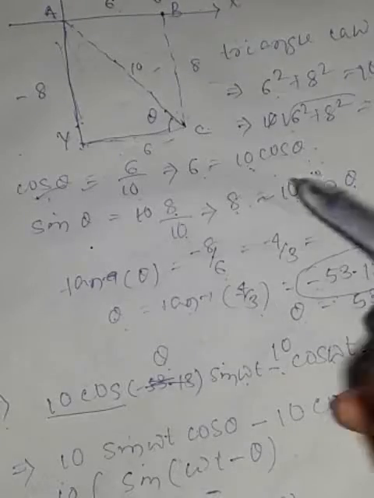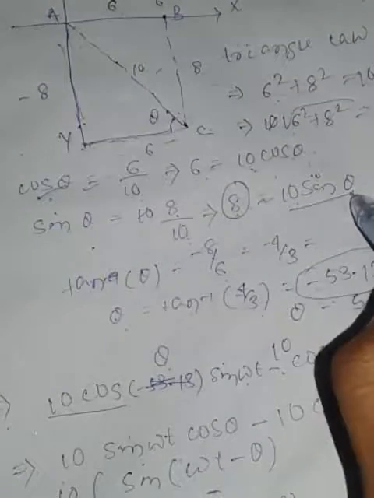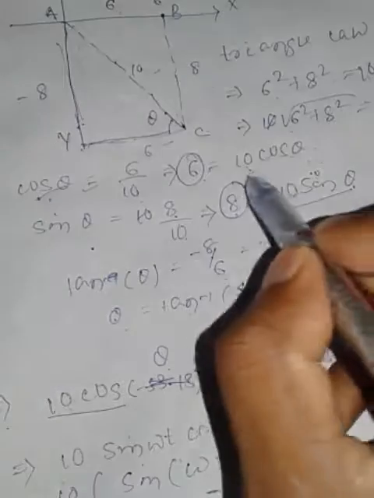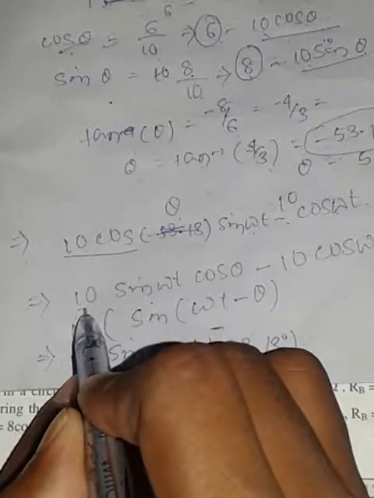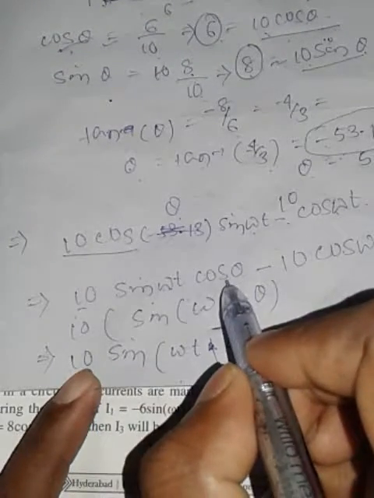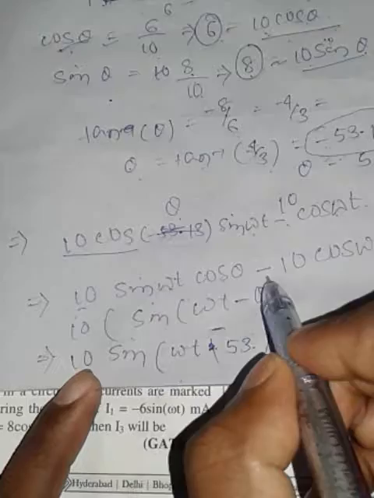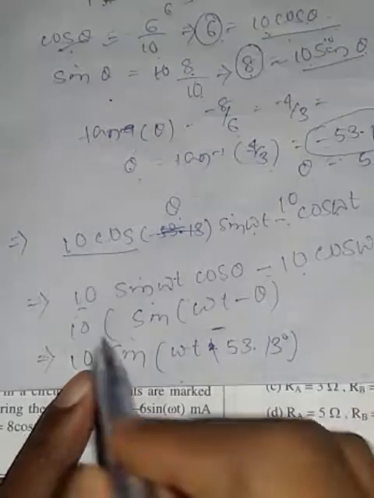So putting all these values in equation 1, finally we have 10 sin omega t cos theta minus 10 cos omega t sin theta. Taking 10 common.